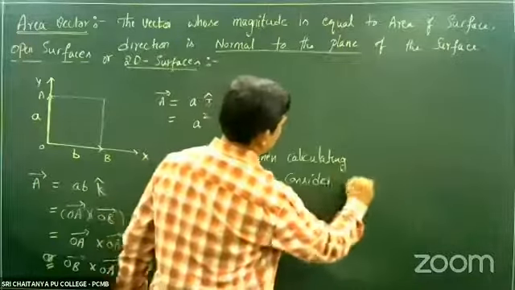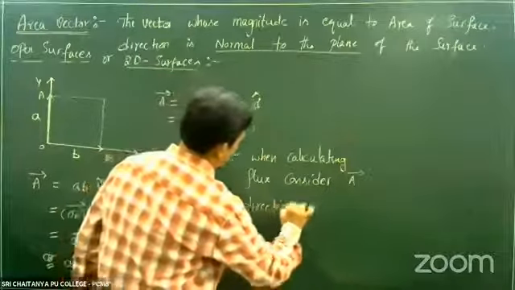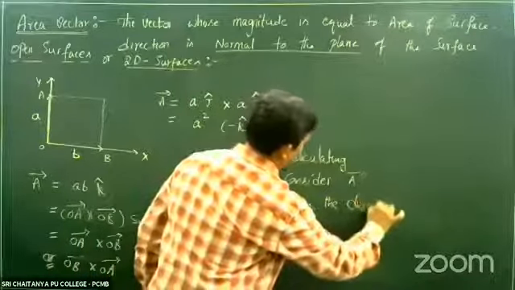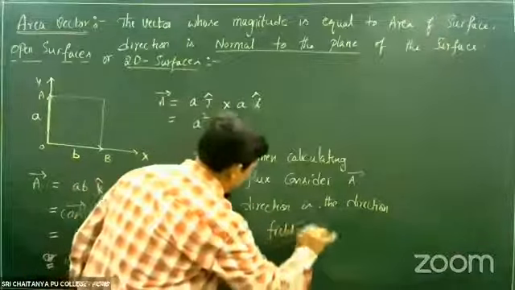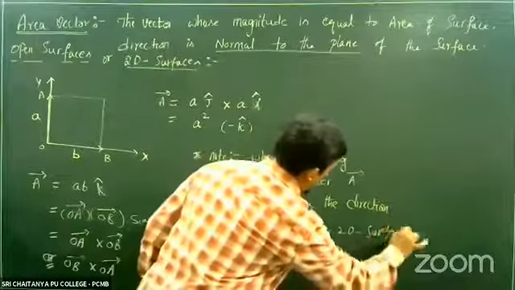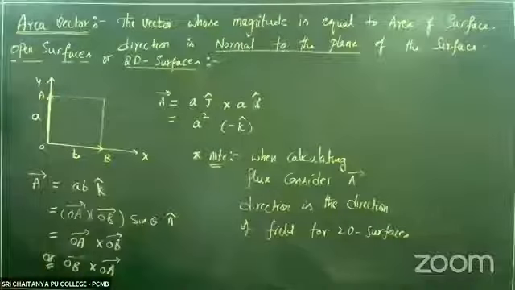Consider A bar direction in the direction of the field for 2D surfaces, not for all, for these open surfaces or 2D surfaces.